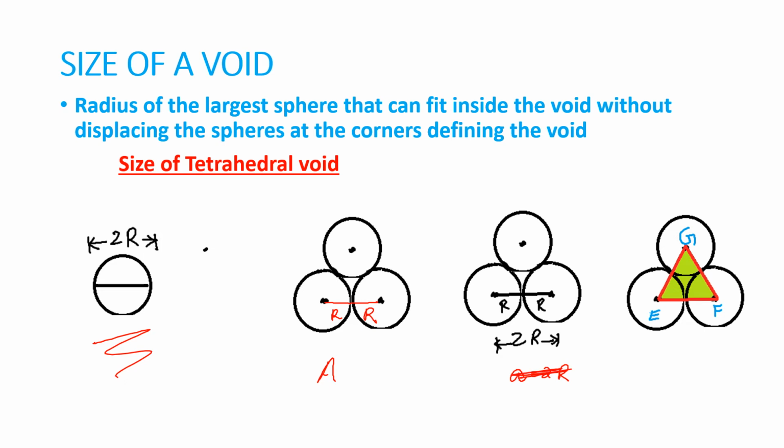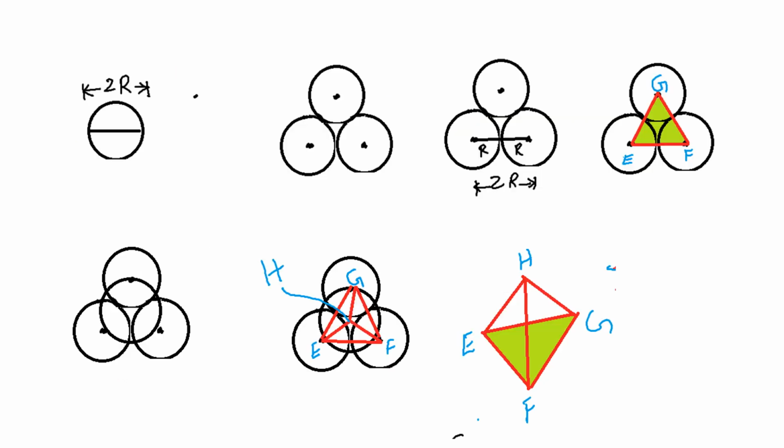Now you can see how the triangle EFG is formed. The next layer is kept on the valley of these 3. So we are going to keep the next layer, the B layer, on top of that.